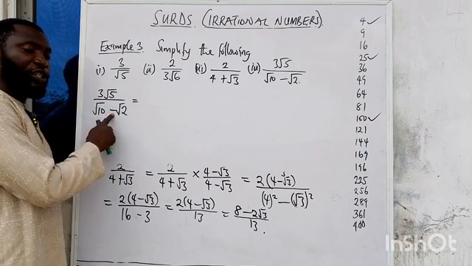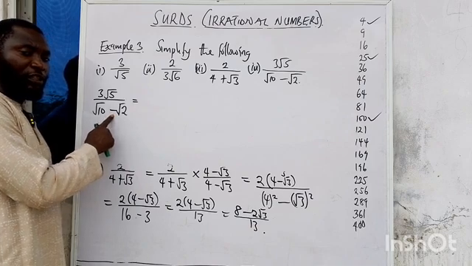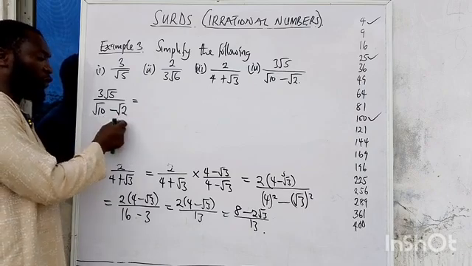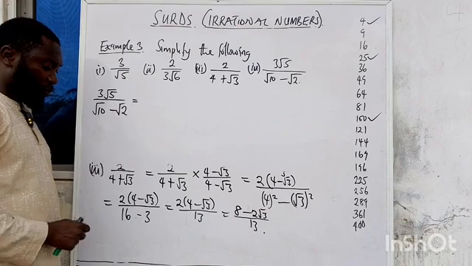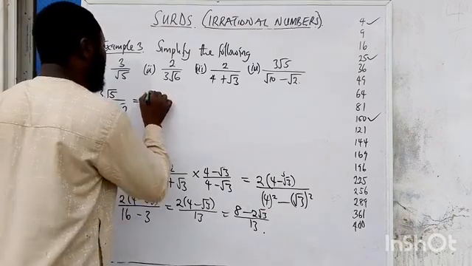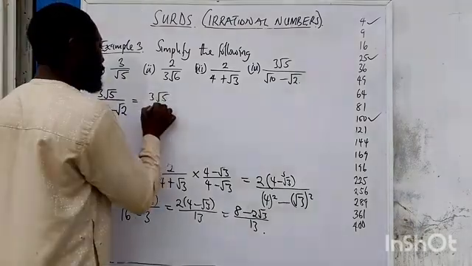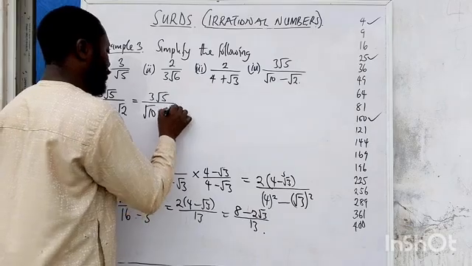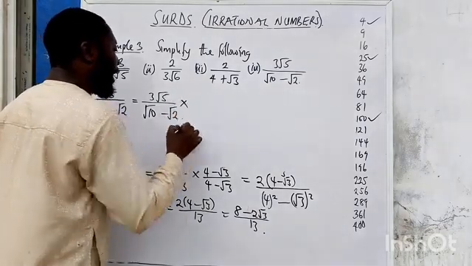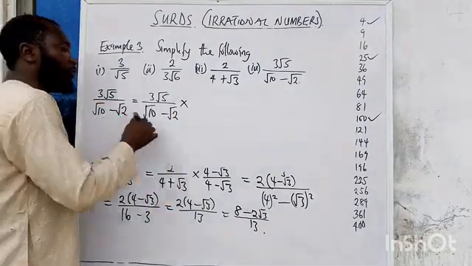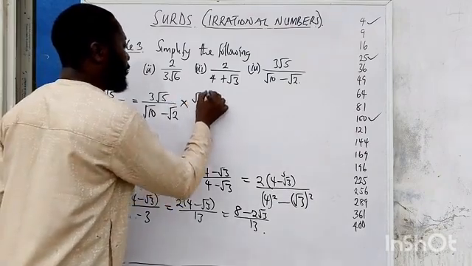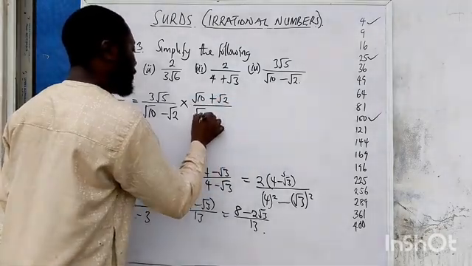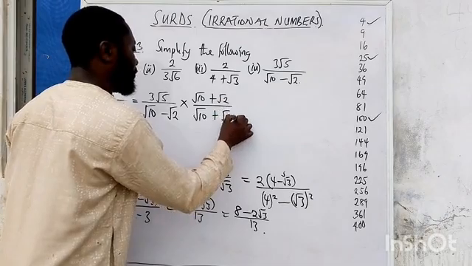So the sign will change when you are multiplying by the conjugate. The conjugate of this is square root of 10 plus square root of 2. So now we have 3 root 5, I'm just copying the question again, over square root of 10 minus square root of 2. Multiply by the conjugate, square root of 10 plus square root of 2, divided by square root of 10 plus square root of 2.